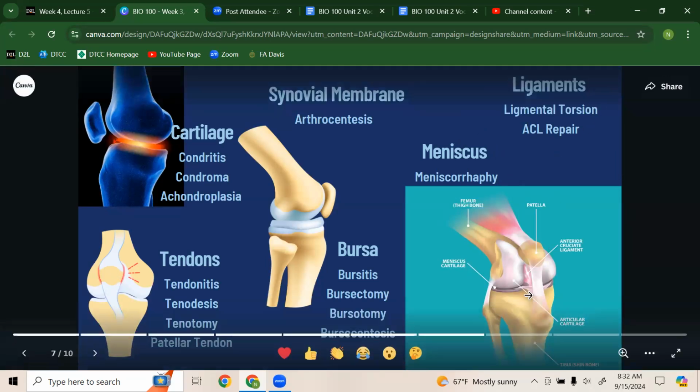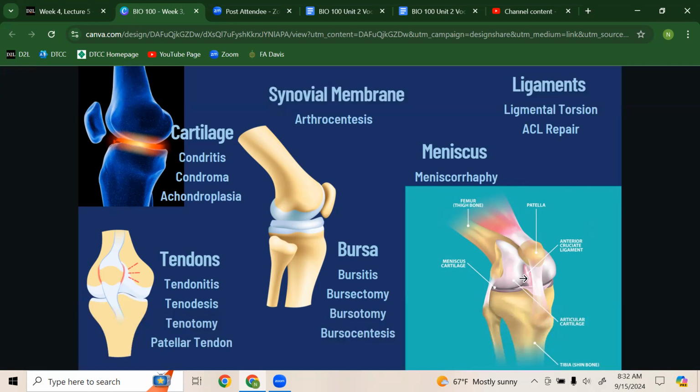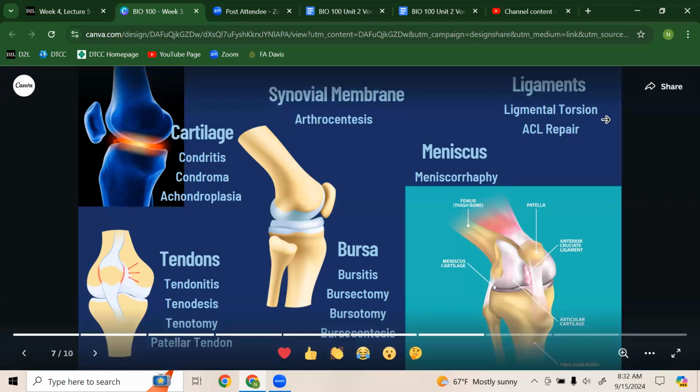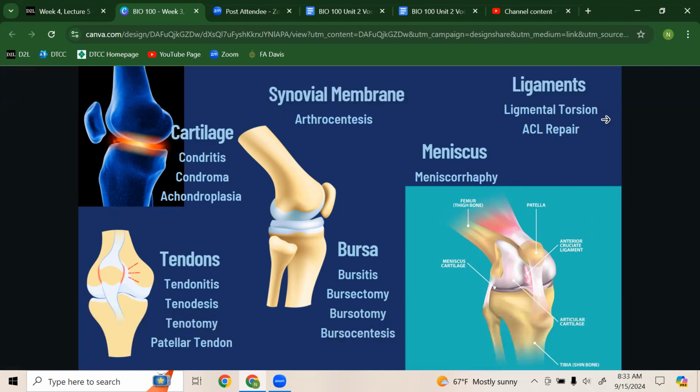All right, ligaments we can show here too. You have your ACL, which is a common one to be torn in athletes, that runs across here. So ligaments connect bone to bone. Ligaments are always going to be bone to bone. Our knee actually has 4 ligaments. We have an anterior cruciate ligament, a posterior cruciate ligament, a lateral, and a medial ligament.